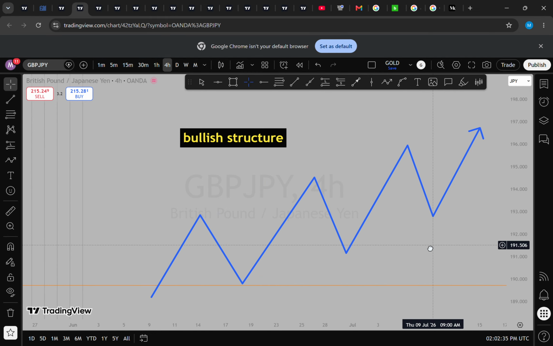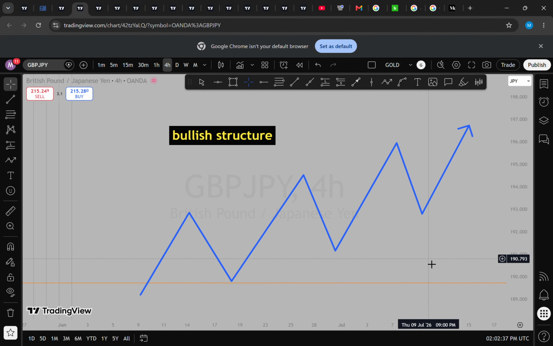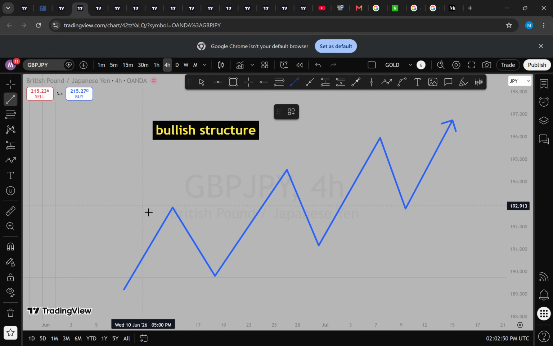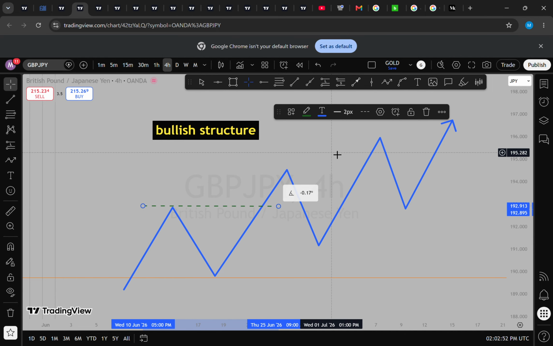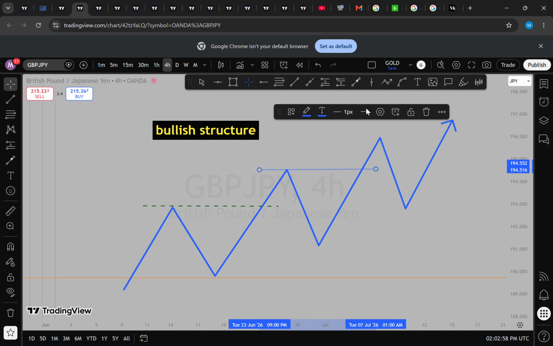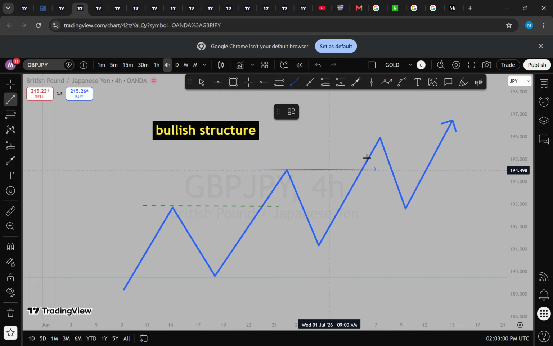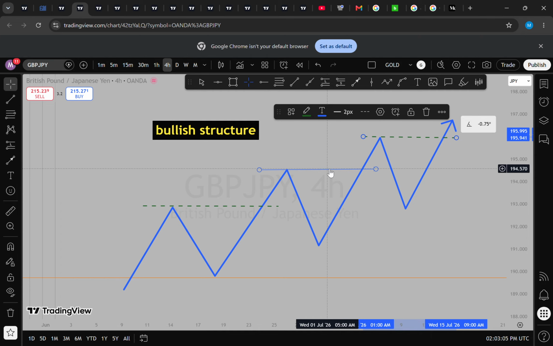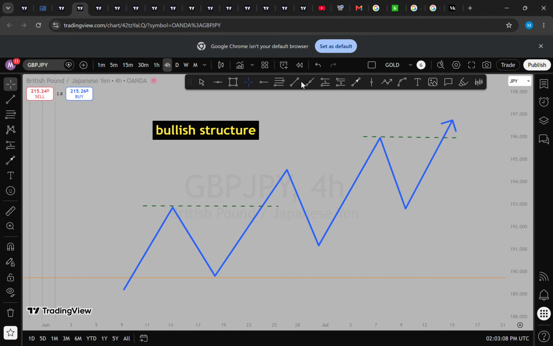For you beginners, don't forget: when price is breaking higher highs to the upside, you say that is bullish. When resistance is being broken to the upside, creating higher highs, that is a bullish structure.